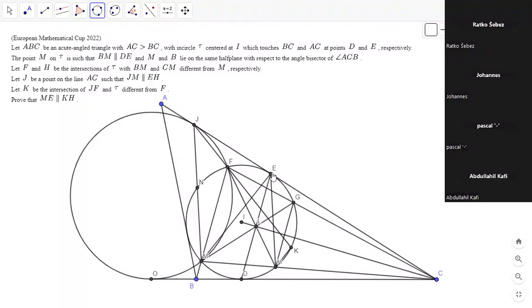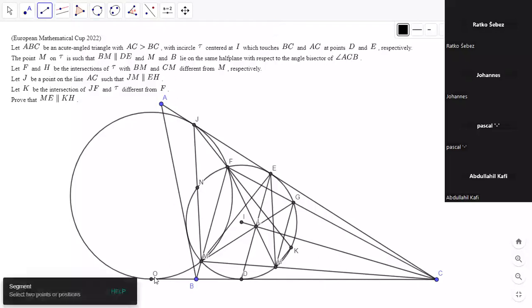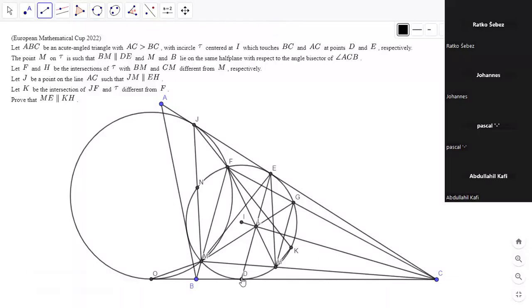Okay, let's define O as a point on CB such that MO is parallel to HD. Then we have that DH is parallel to OM by definition, and HE is parallel to MJ.